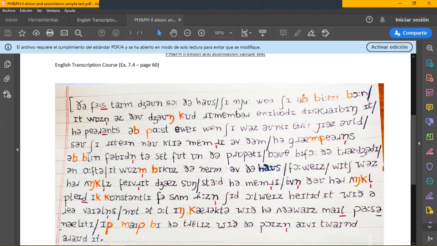So as it is unstressed, we elide the schwa, but the syllable must have some kind of prominence, which was originally given by the vowel. But as the vowel has been eliminated, the nasal sound becomes syllabic because it takes all of the properties that were given by the vowel.